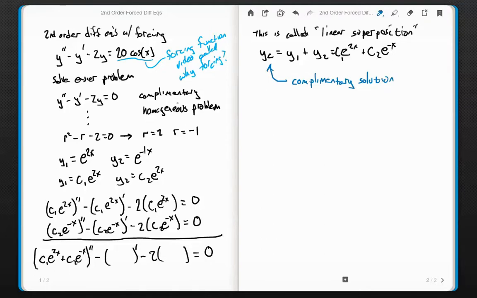Because it solves the complementary problem. I could take this function, C1 e to the 2x plus C2 e to the negative x, and stick it into here, y double prime minus y prime minus 2y. So I'm not trying to solve for y here, I'm trying to solve for a function. I plug this function into this differential equation, and it works. It gives me the 0 that I'm after. All right, complementary solution.